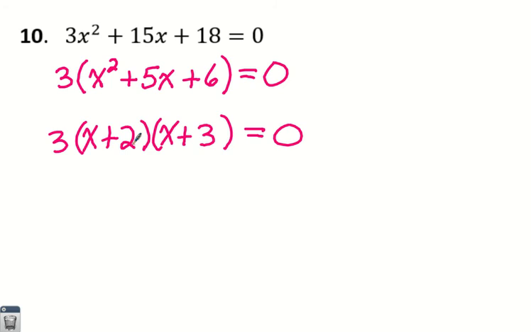Okay. I could write out that, like, so 3 equals 0, or x plus 2 equals 0, or x plus 3 equals 0, but what would be the point of setting 3 equal to 0? Rhetorical question, really. I mean, there is no point.